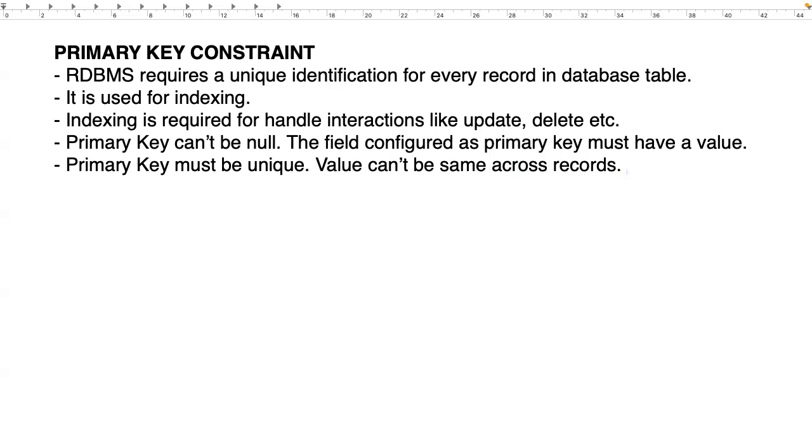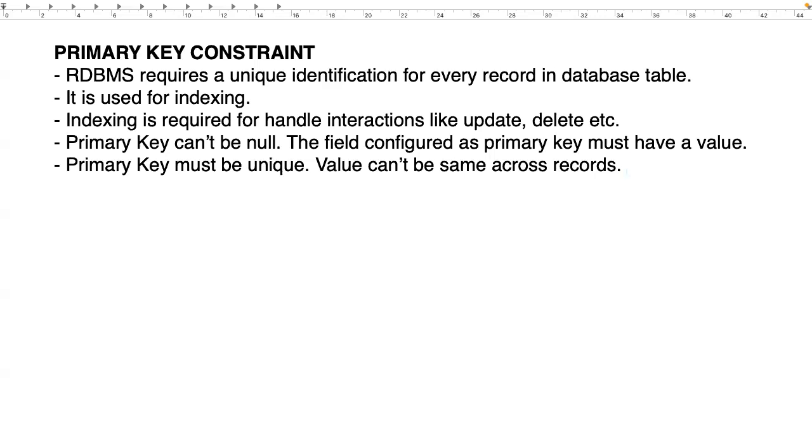When you set any field as primary key, automatically it will be not null and it will be unique. It will automatically take them as constraints by default. That means you cannot leave it empty and you cannot use the same value across records. The value must be different. That's important. By default it will do that.